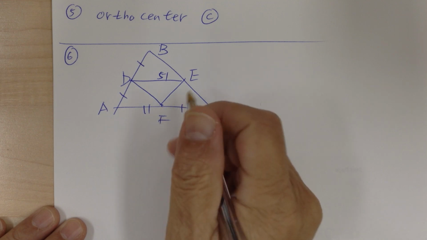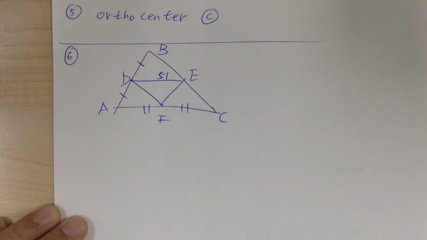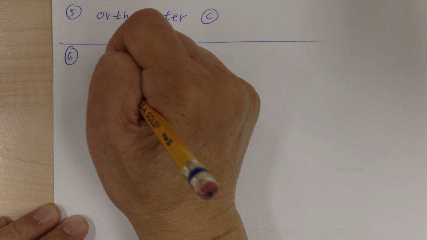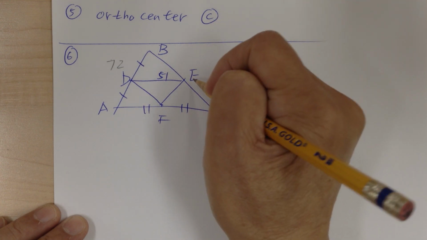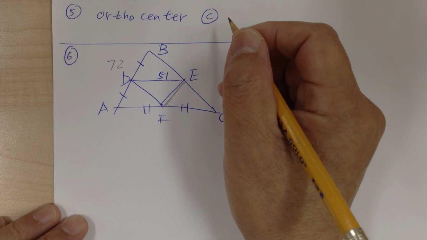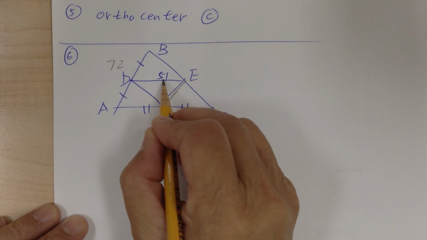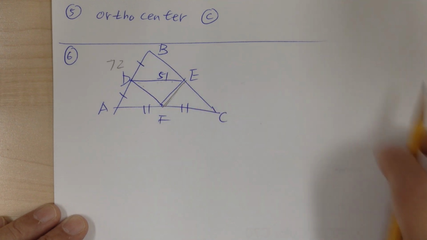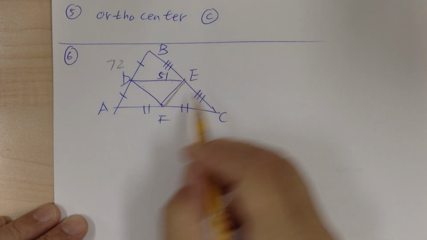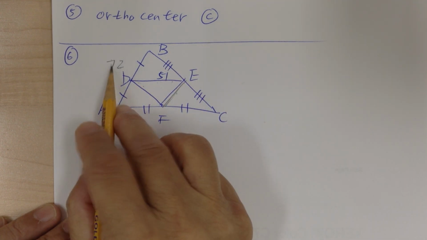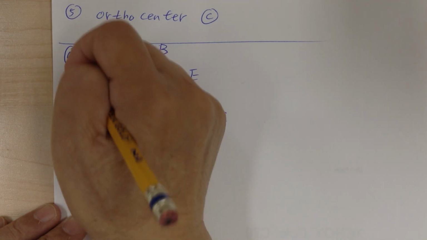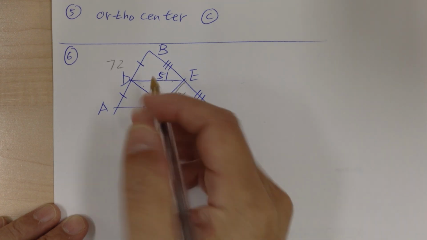If AB, this over here, equals 72, you're looking for EF. Well, this is already giving that this is your mid-segment, so this is half of that. If this is 72, this is 36. So for number 6, the answer is 36.